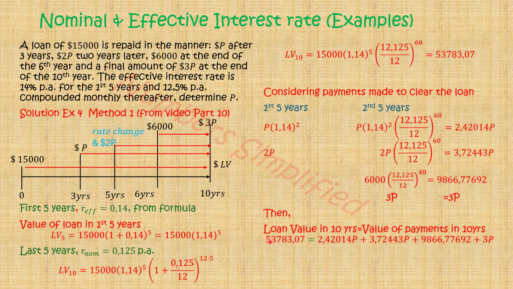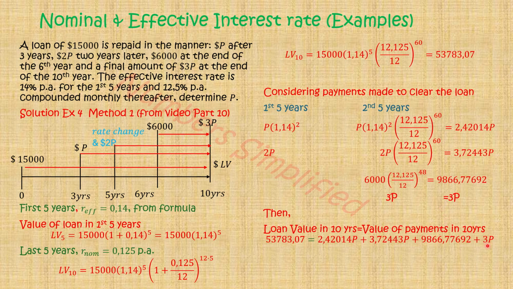And substituting for the value of the loan as we calculated it, it was $53,783.07. Now we add up all the value of the payments made. So these were 2.42014p plus 3.72443p plus $9,866.77692 plus the 3p.